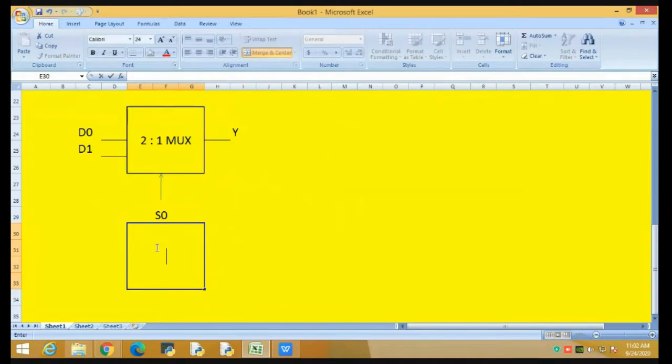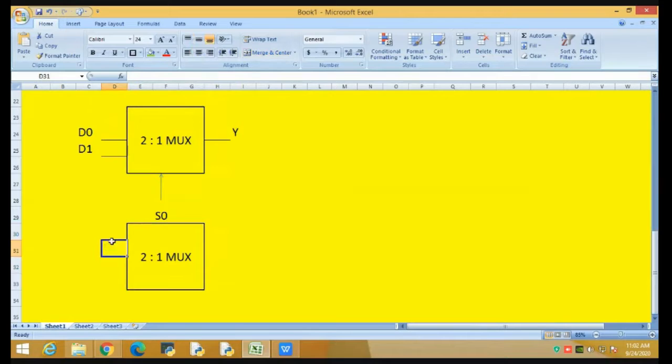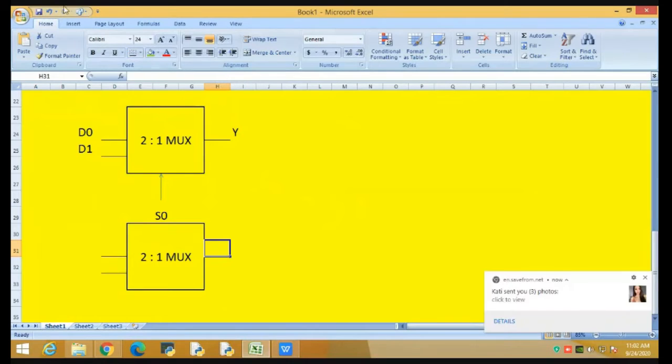This mux has 2 inputs, one output, and the select line is 1. This is also my Y.